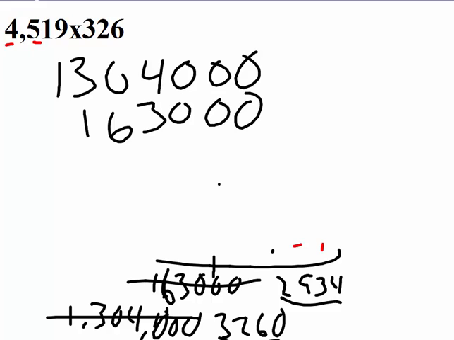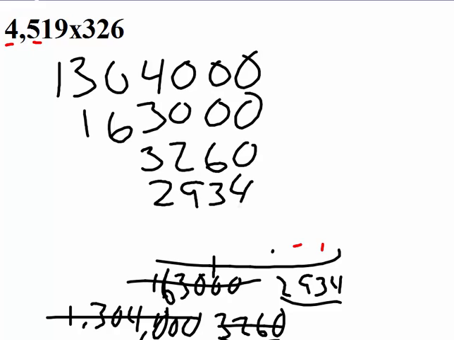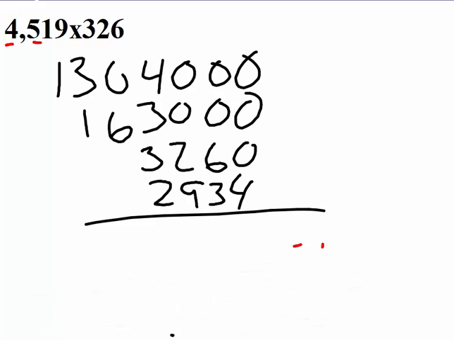Then I have 3, 2, 6, 0. And then I have 2, 9, 3, 4. Now my last step is I just add them all together. 4, 9, 1. Alright, then I'm going to keep going. 1 plus 4 is 5. 5 plus 3 is 8. 8 plus 2 is 10. 10 plus 3 is 13.